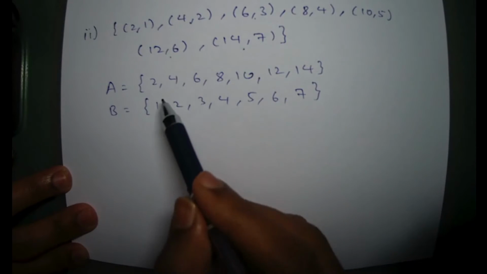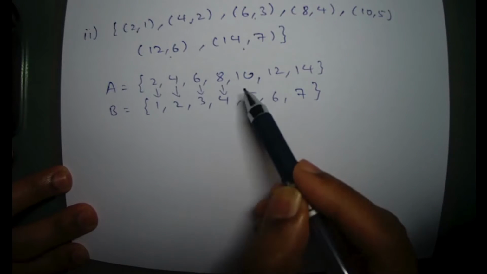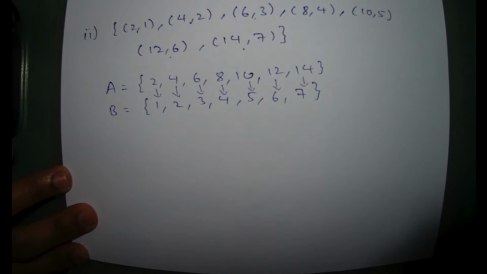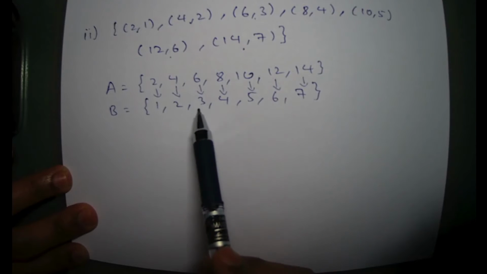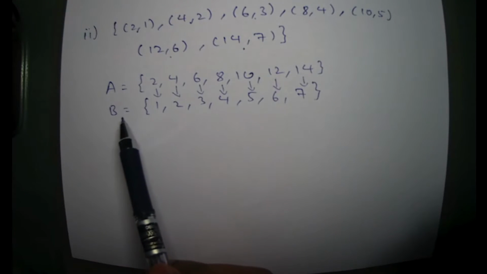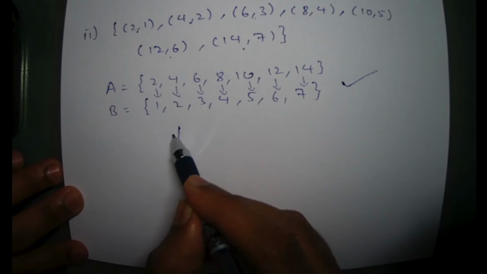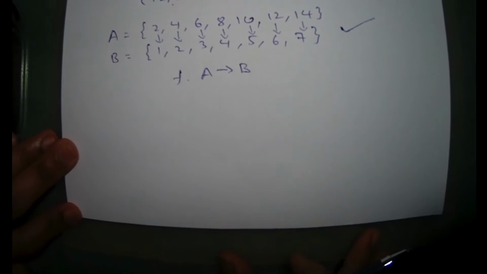Similar to the previous problem, 2 is linked to 1, 4 is linked to 2, 6 is linked to 3, 8 is linked to 4, 10 is linked to 5, 12 is linked to 6 and 14 is linked to 7. So we see that all terms from set A are linked to only one term in set B. That means all terms in set A have only one image in set B. So we can tell that this is a function, and we can write function f from set A to set B.